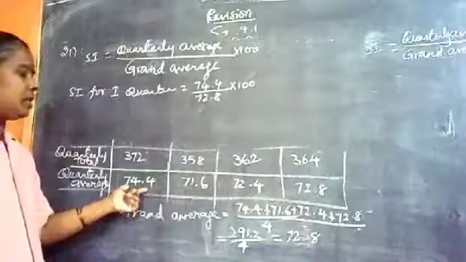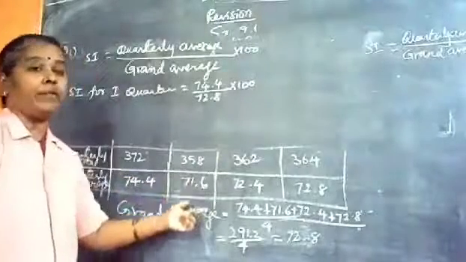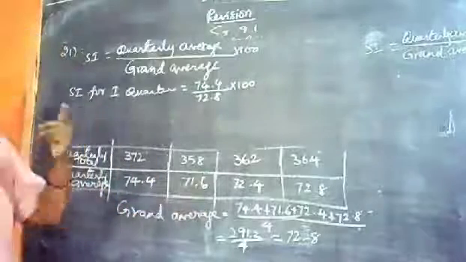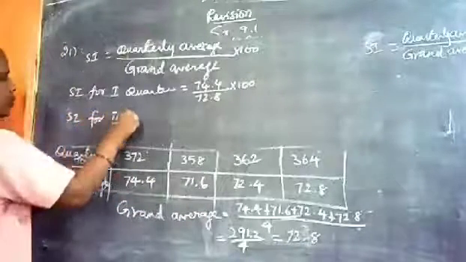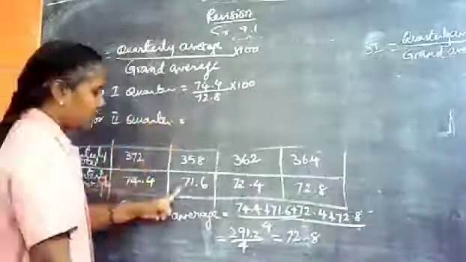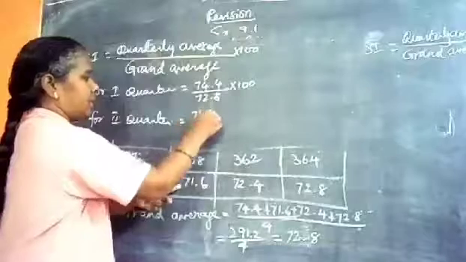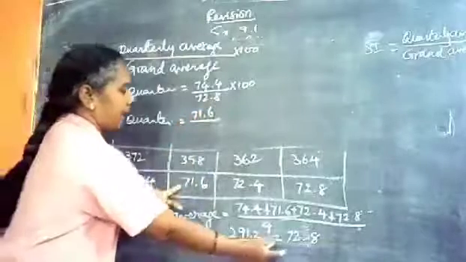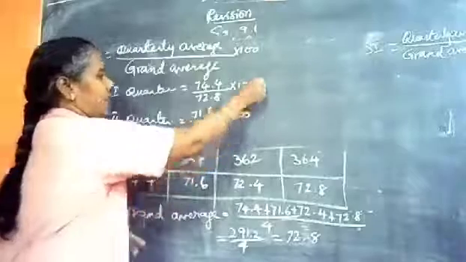When you are doing the first quarter, record the value along with the first column of the table. Similarly, for the second quarter, the second quarter average is 71.6 from the tabular column, and the grand average denominator is 72.8, into 100. Use the calculator and get the answer.